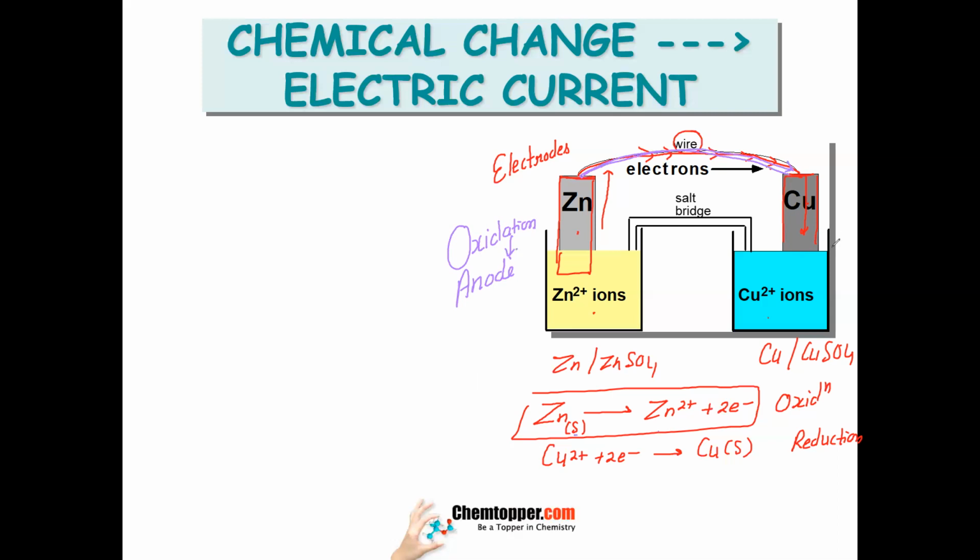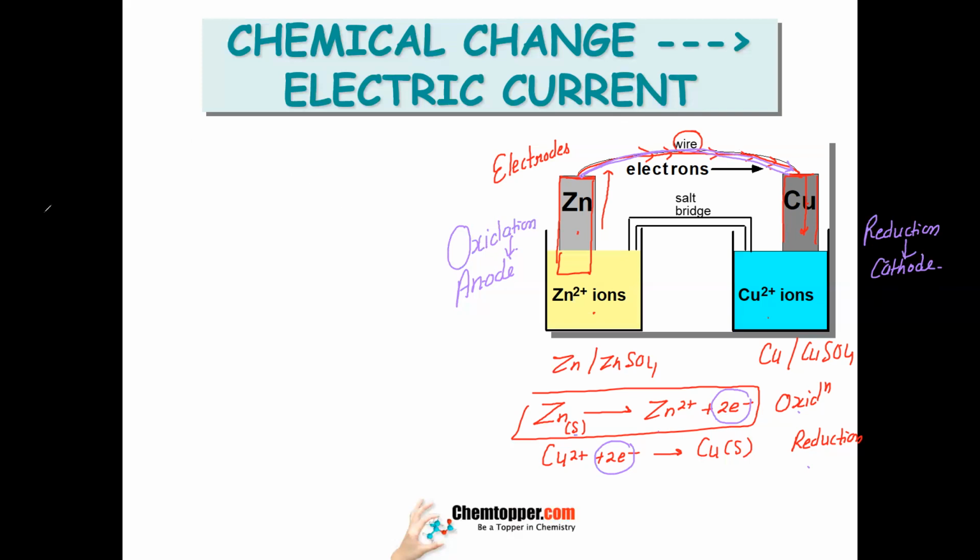And in this compartment, reduction is happening, and reduction is the cathode compartment. And how are the electrons flowing? They are flowing from anode to cathode, from the oxidation compartment to the reduction compartment, right? And when these electrons are flowing, that is electricity.